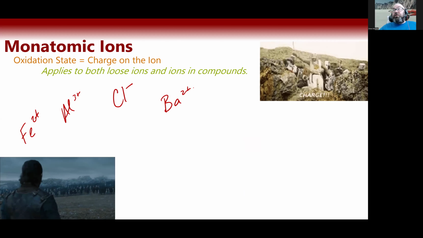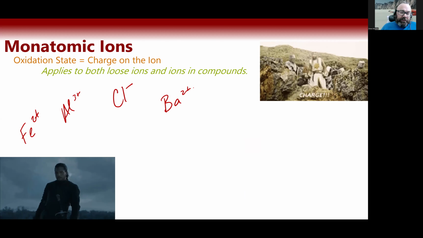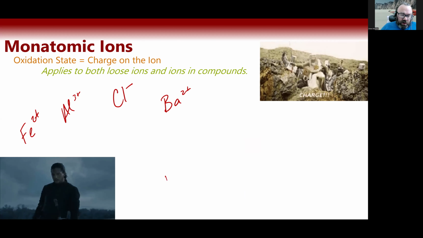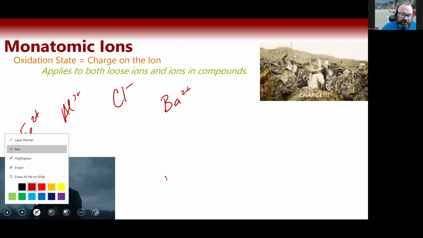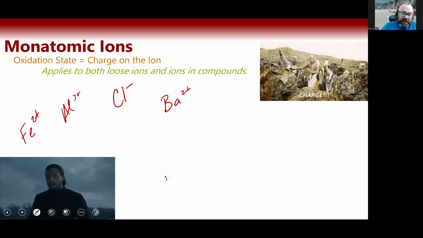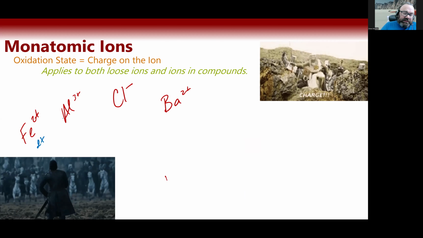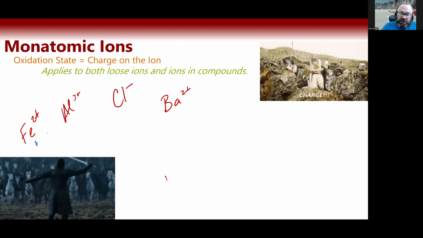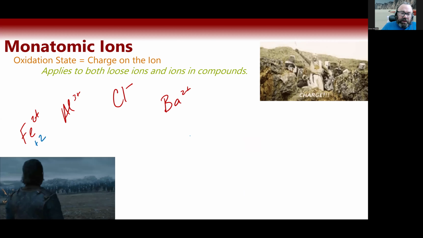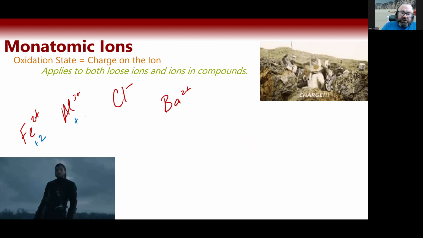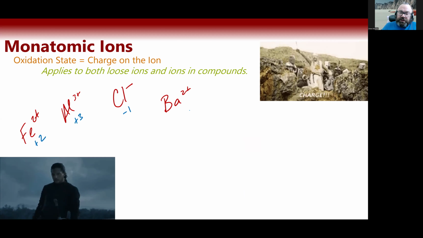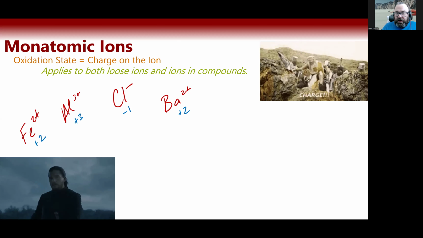Oxidation state and oxidation number are the same thing, so don't stress about it. So iron 2 plus has an oxidation number of 2 plus. Sometimes I'll say this as plus 2 just to keep things a little bit different. Aluminum would be plus 3. Chloride with a -1 should be -1. Barium should be 2 plus. Okay.